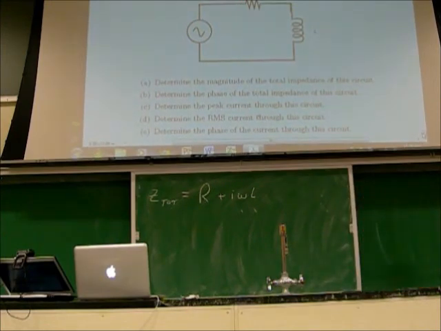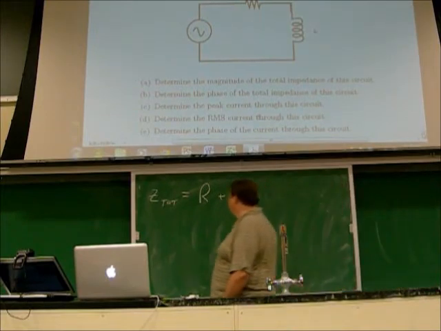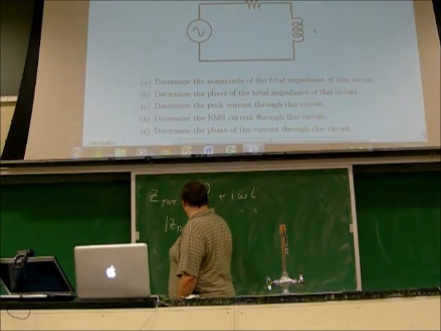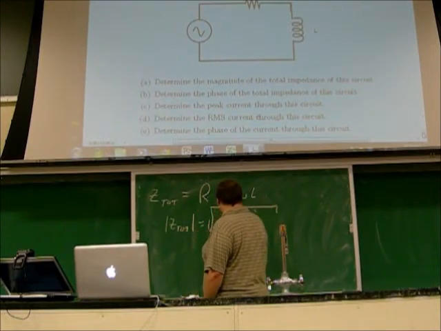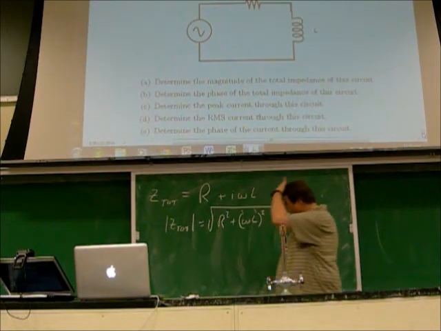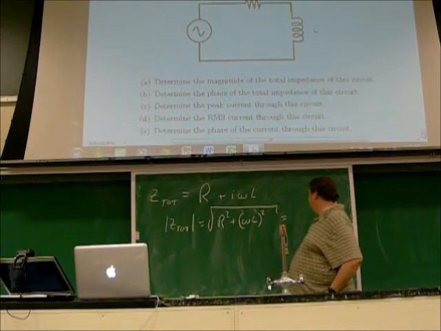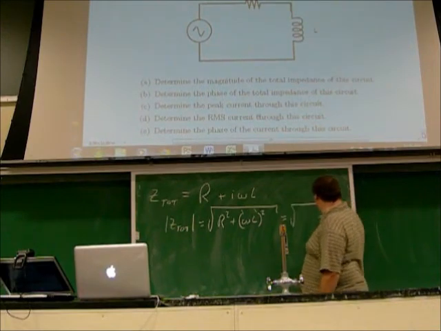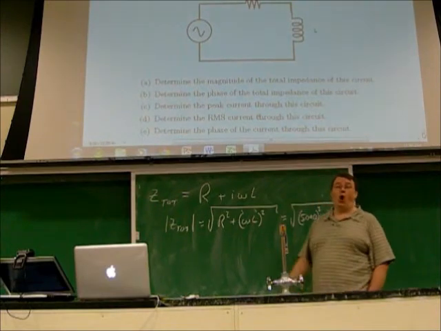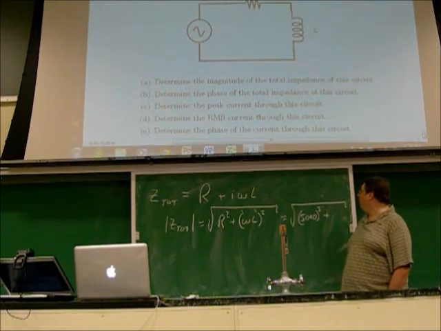In order to get the magnitude of the impedance, what am I going to do? So that's going to be the square root of 5,000 squared plus, we need to find out omega L. How am I going to get omega L?